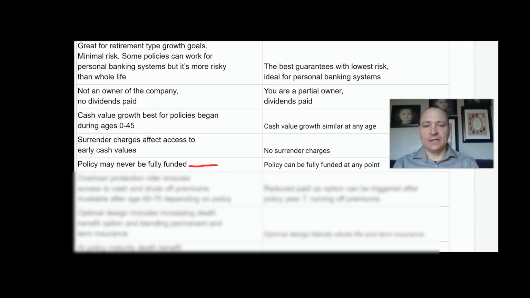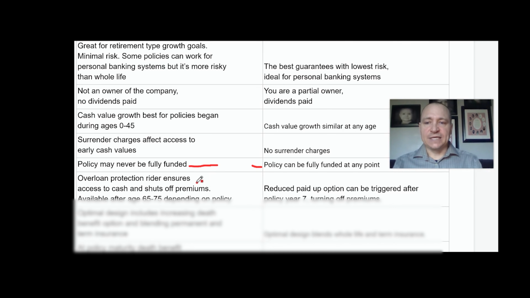The only way we can actually fully fund it is using an overloan protection rider, but we'll get to that in a second. With a whole life policy, your policy can be fully funded at any point, really. Let's tie these two points together.